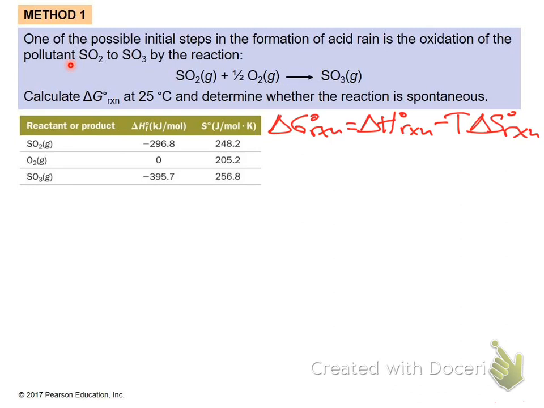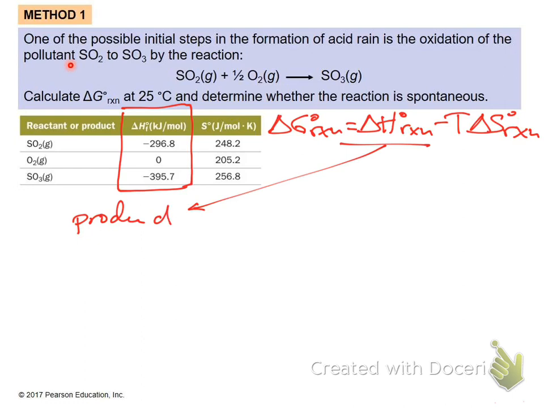The first one here, delta H of reaction, can be determined by using delta H of formation. So we have products minus reactants, and we'll do the same thing for delta S of reaction, products minus reactants.